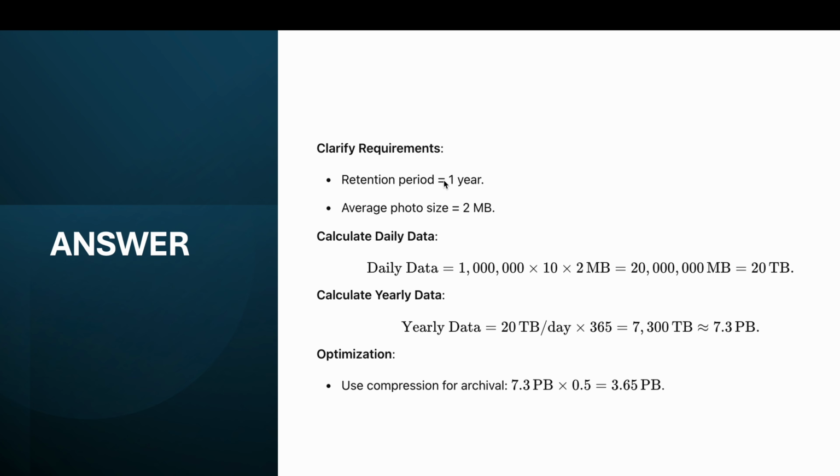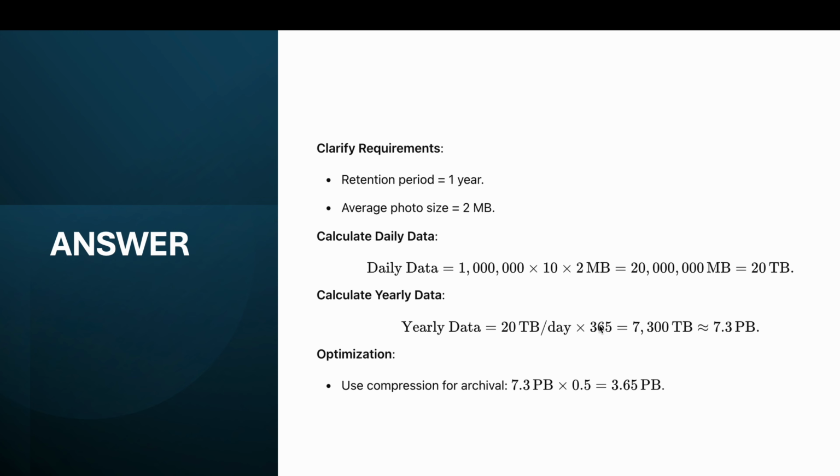Now it depends on the retention period, which is the crucial factor here. Let's say the retention period is 1 year. How much data do we need now? One year is 365 days, and because this 20 TB is for 1 day, you multiply 20 TB by 365. Do not do very core maths to find the exact number.